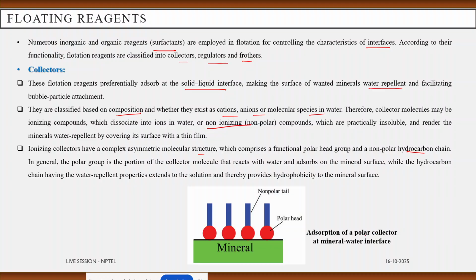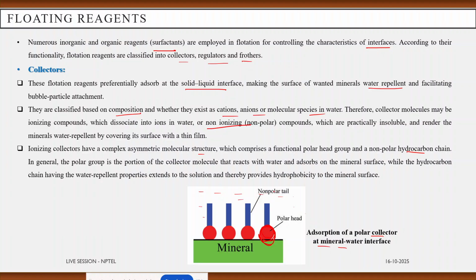You can see this kind of polar collector interaction with the solid and water interface. Here the non-polar tails are in the water system, and by the polar head it is connected to the solid.